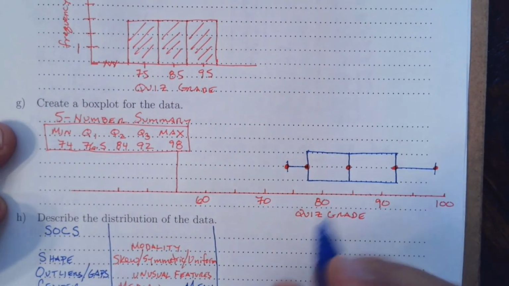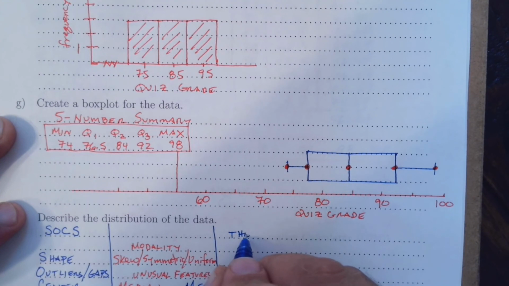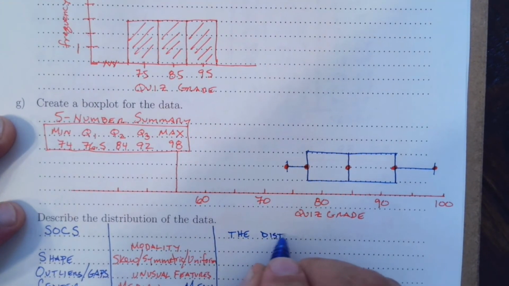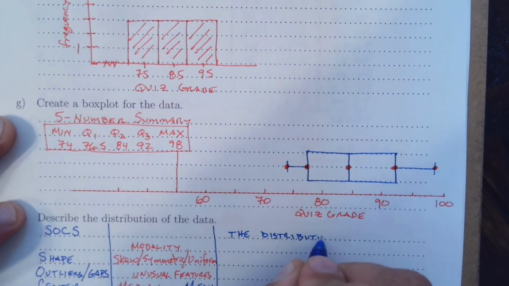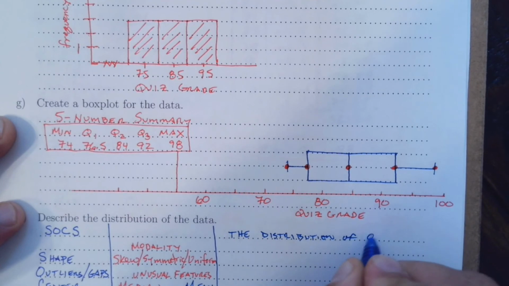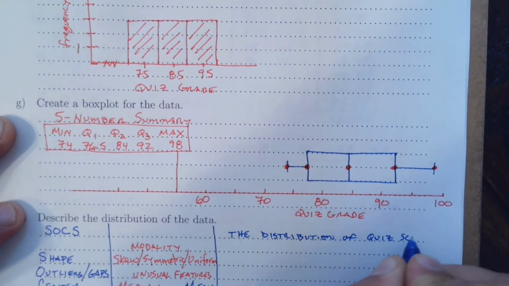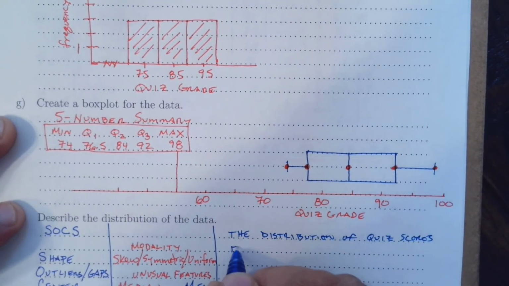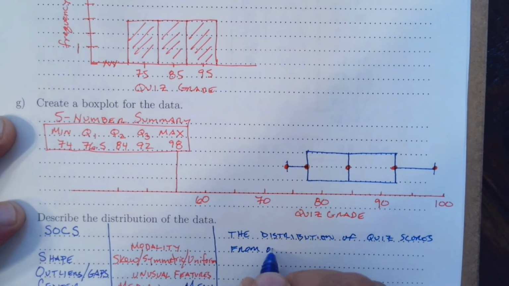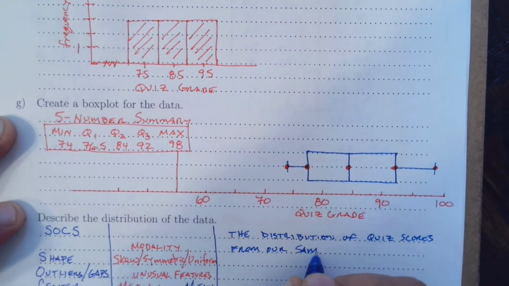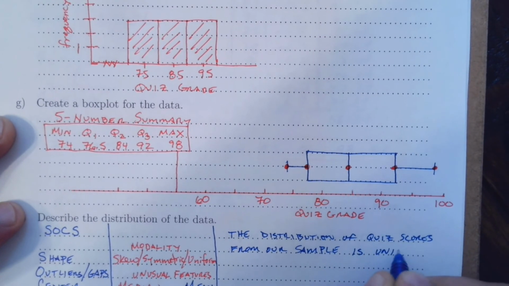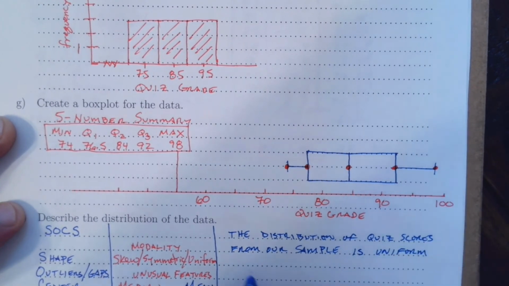We might say the distribution of quiz scores from our sample is uniform with no apparent outliers.